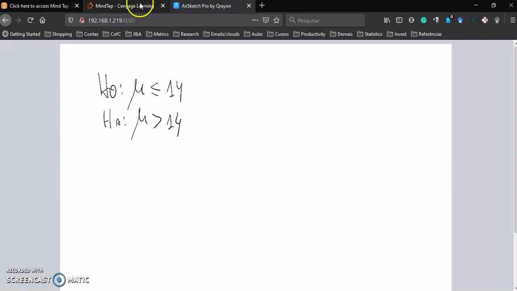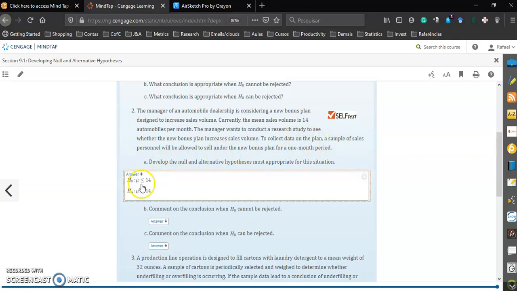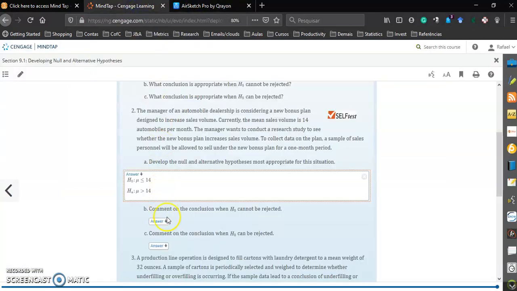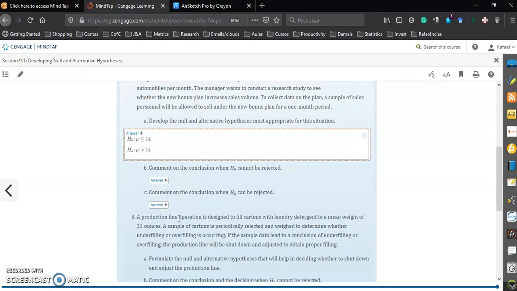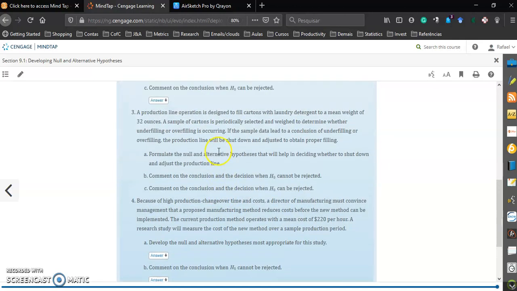Let's see if it's higher than the mean. To collect data on the plan, and so on. Develop the null and alternative. That's the null and alternative. That's what we did here, okay? Comment on the conclusion, okay, let's keep this. I just want to focus on developing the null and alternative hypothesis.